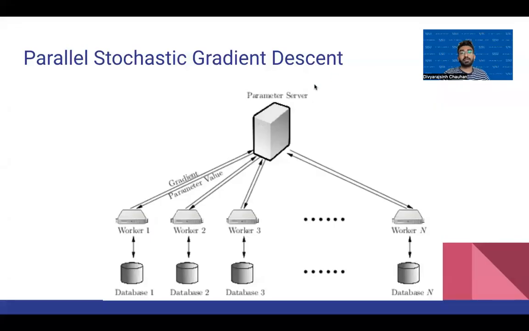In the parallel version of stochastic gradient descent, we have two different types of computers. One is the parameter server and another is the worker node. The parameter server is where the deep learning model is defined, where the aggregation from worker nodes occurs, and is responsible for communicating the deep learning model and training data to the worker nodes.